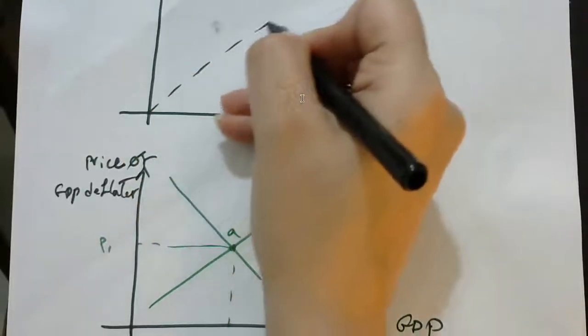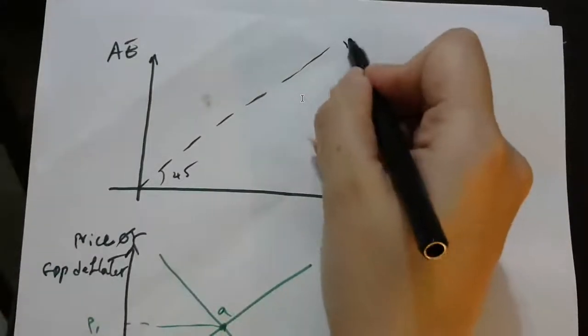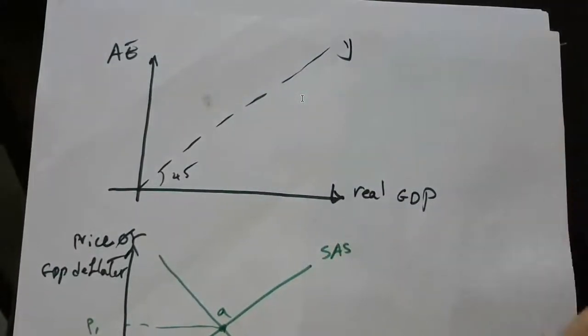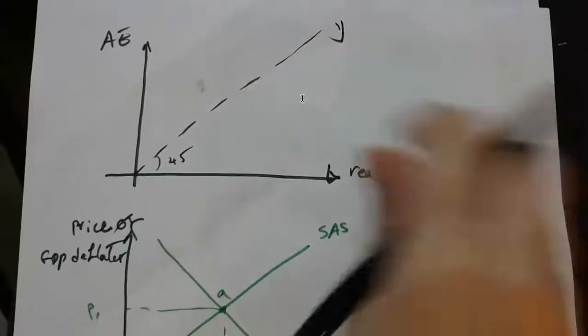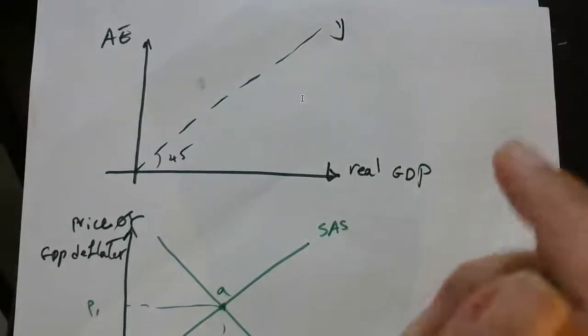Here we draw aggregate expenditure. First, we have to draw our 45-degree line, which we assume is our supply, right? This is our Y. Then we want to draw aggregate demand. So how should I draw it?